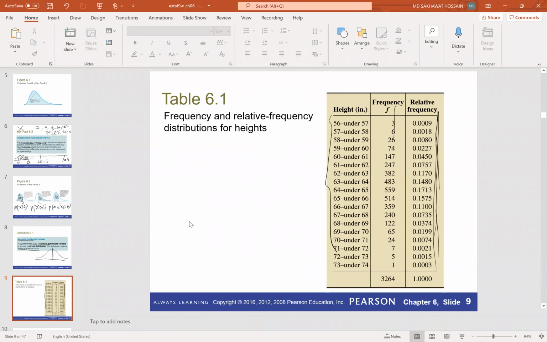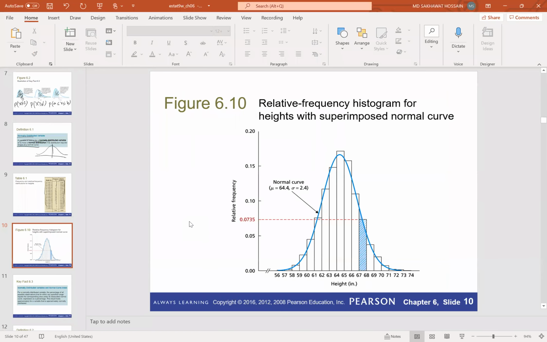If you construct the histogram for this, you can see that it is bell-shaped. So the shape of the distribution of this random variable is similar to the shape of the normal curve. That's why this variable is normally distributed.